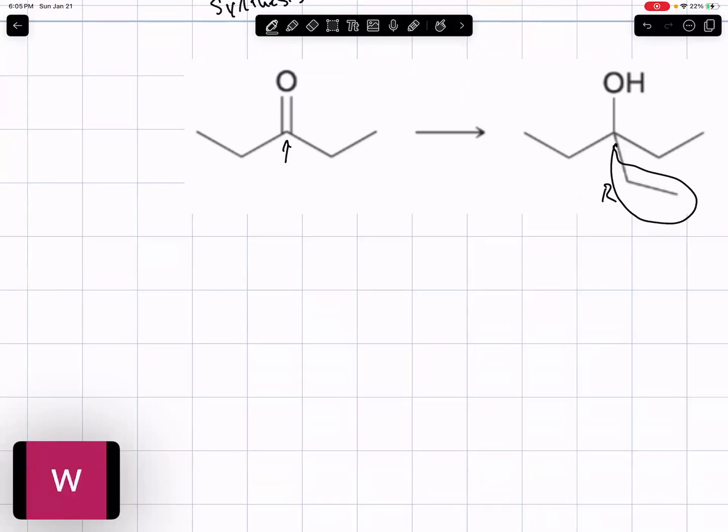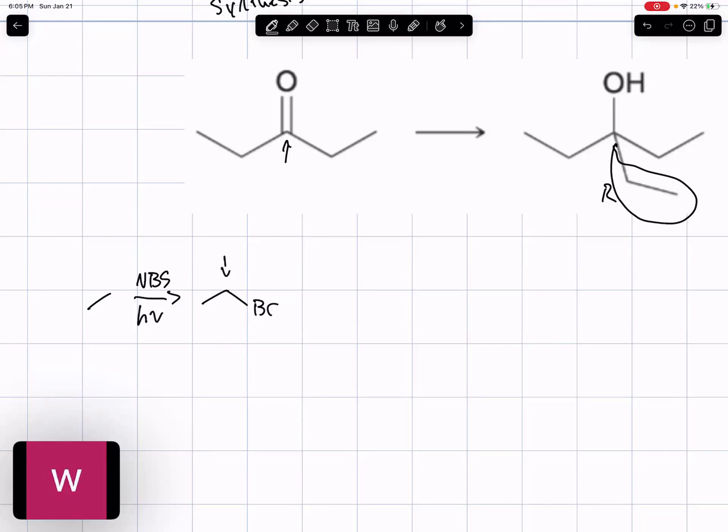And if we were to start from just the simple ethyl group, we would somehow first need to add Br. And we've learned how to add Br using NBS in light, right? That would add Br, okay? And there's only two positions, and there's no preference in terms of where that Br would add.